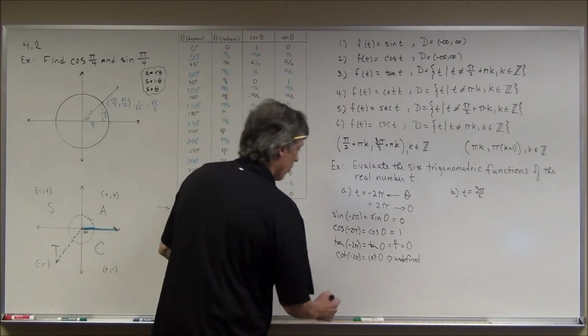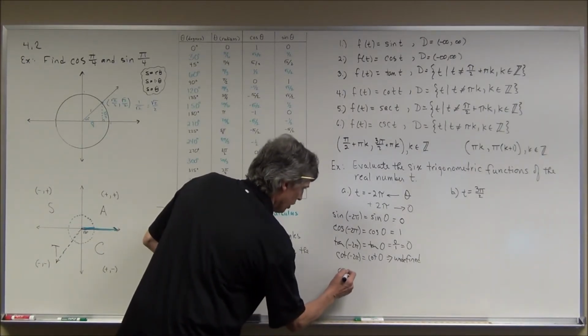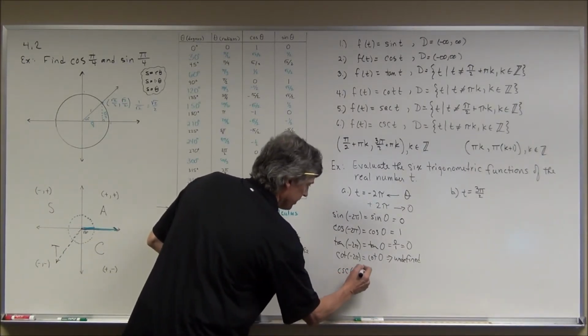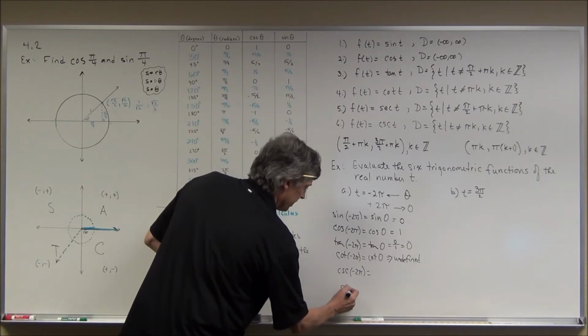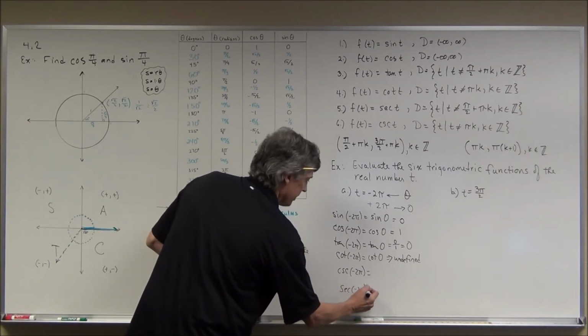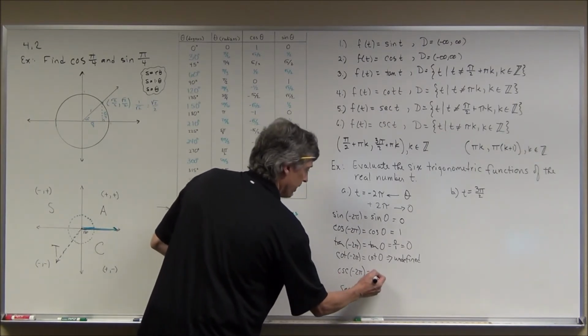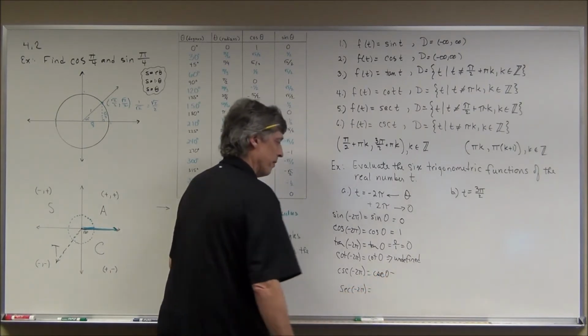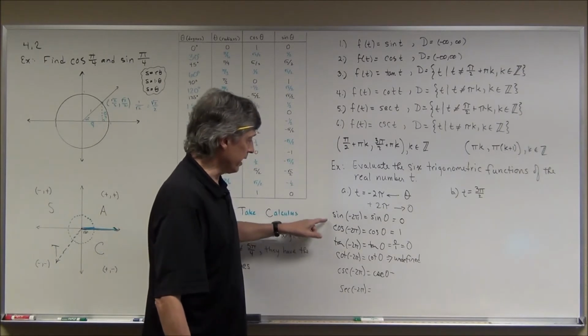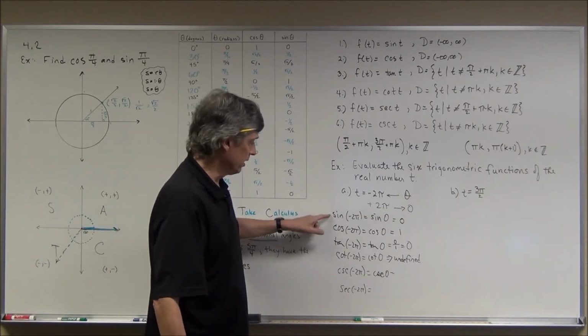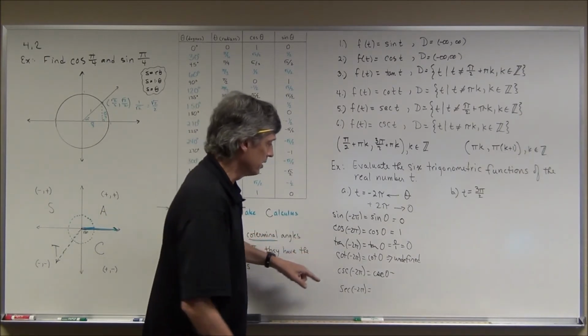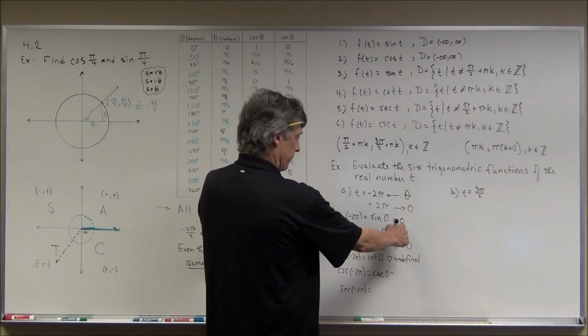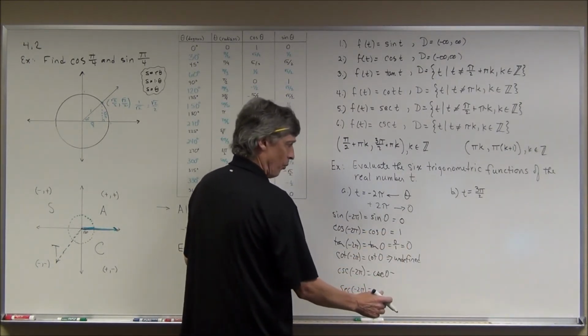Division by 0 is undefined. And now I have 2 more. I have the cosecant of negative 2 pi, and I have the secant of negative 2 pi. The cosecant of negative 2 pi is the same as the cosecant of 0. Now remember, cosecant and sine are reciprocals. So it's the reciprocal of 0, which would be 1 over 0.